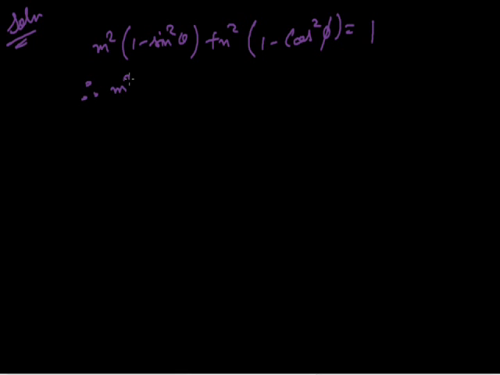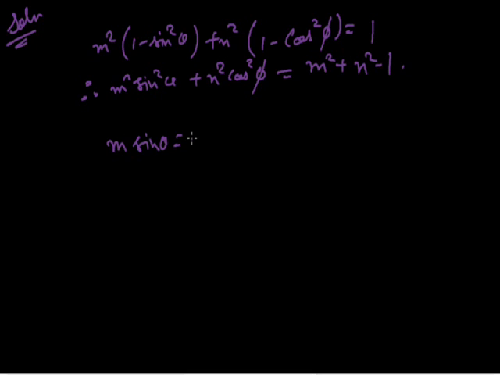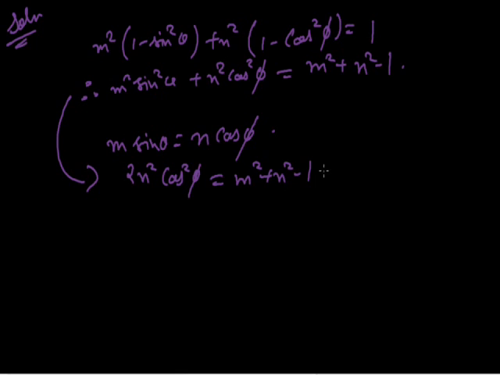Therefore, m square sin square theta plus n square cos square phi is equal to m square plus n square minus 1. And from the third relation, that is m sin theta is equal to n cos phi, it became 2n square cos square phi is equal to m square plus n square minus 1.